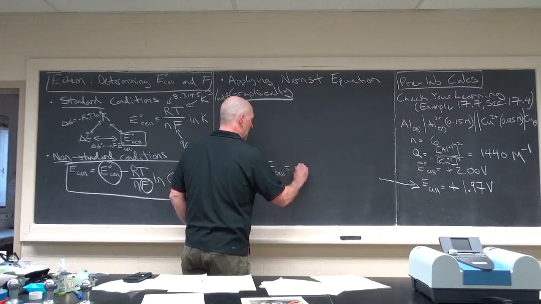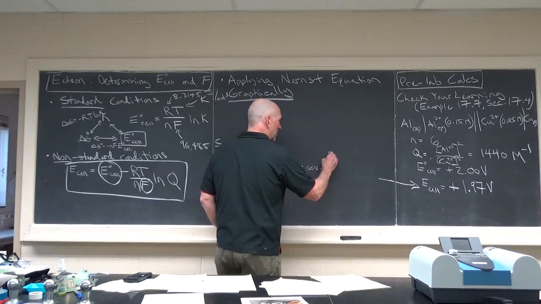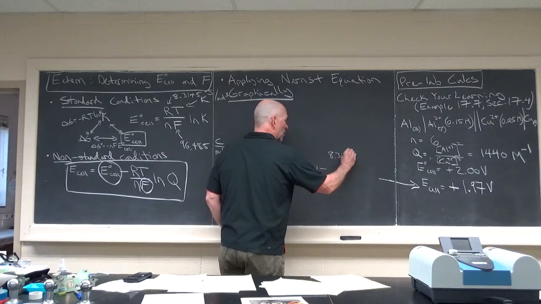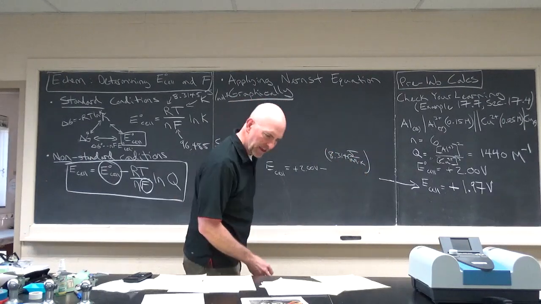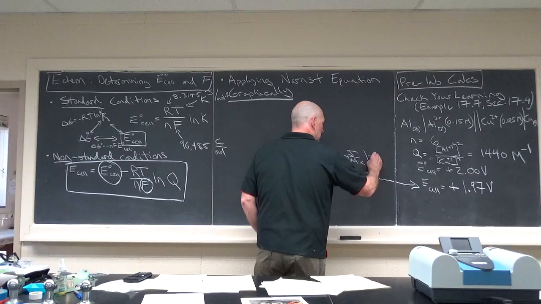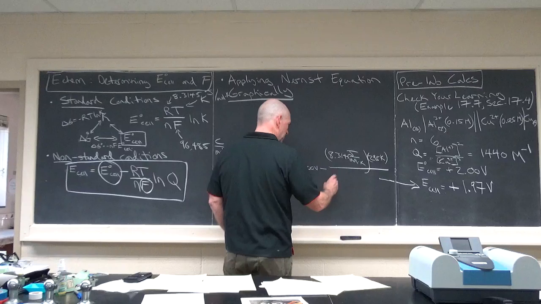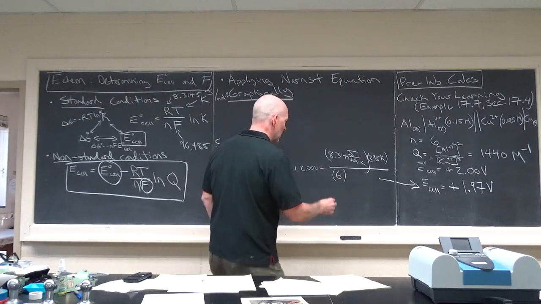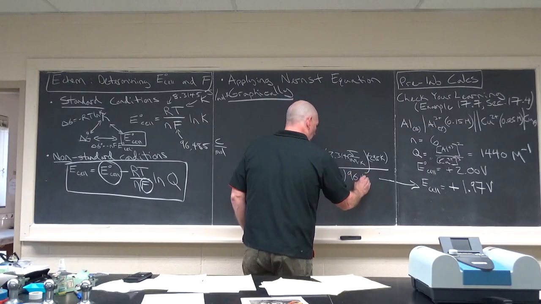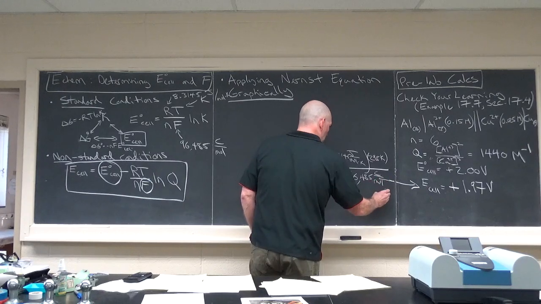So we'll put in positive 2.00 volts minus, and I want to make a point about units, 8.314 joules over mole Kelvin times the temperature, which I think is 298 Kelvin, over 6 times 96,485 coulombs per mole of electrons.